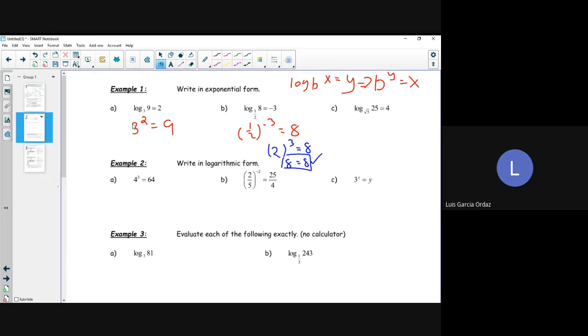We did change it into a positive exponent because we had 1/2 to the -3 is equal to 8. In order to make that -3 positive, we just flip the fraction. So we get 2/1, which is the same thing as 2. Then we get 2 to the 3 is equal to 8, and 8 is equal to 8.